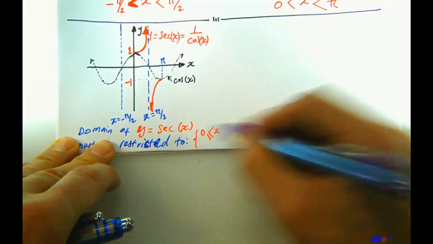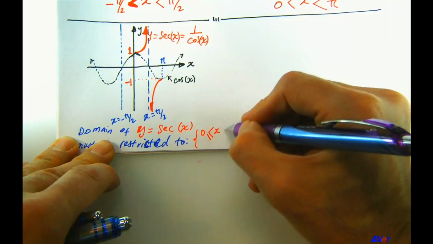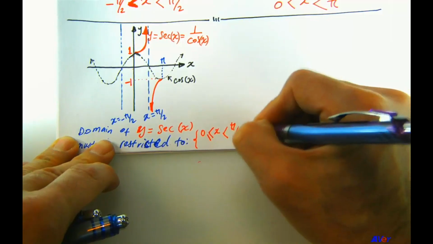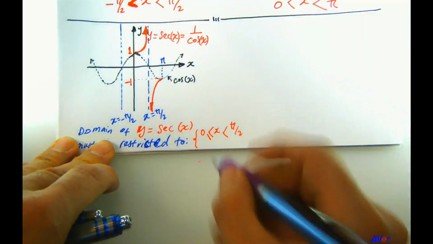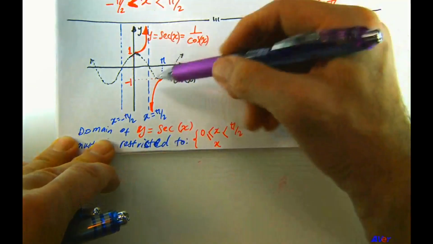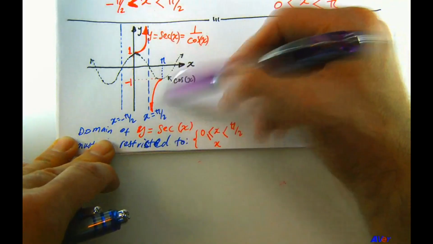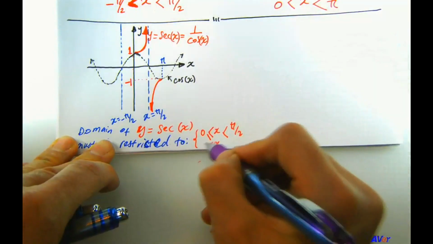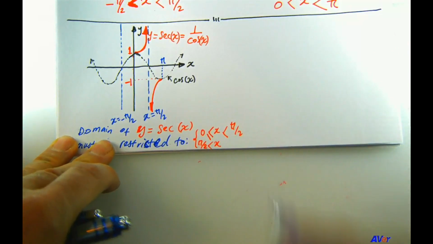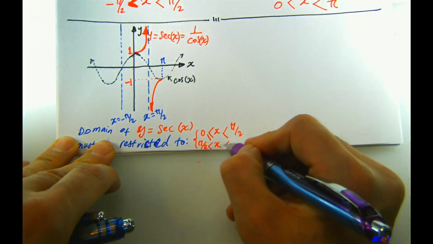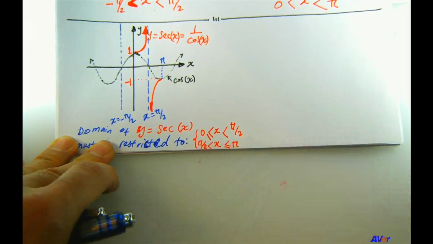So x is greater than or equal to 0 and less than pi over 2. It cannot attain pi over 2, so it's less than pi over 2. And also x should be greater than pi over 2 and less than or equal to pi.